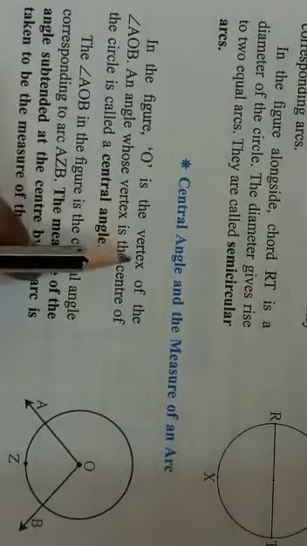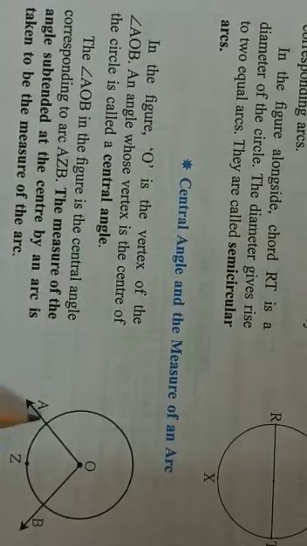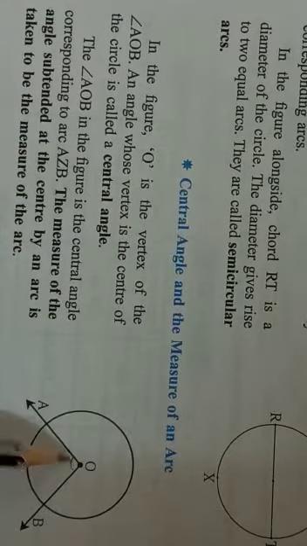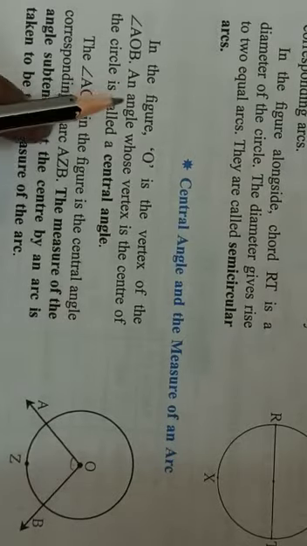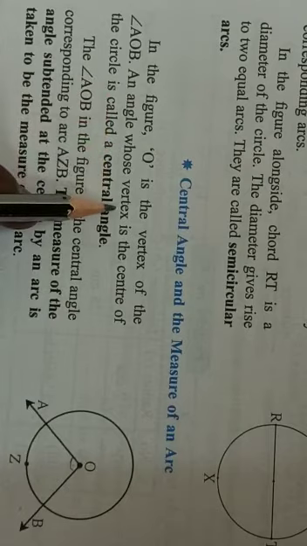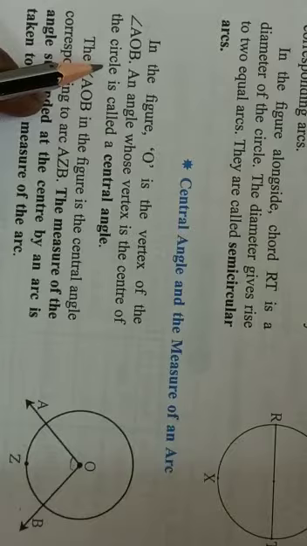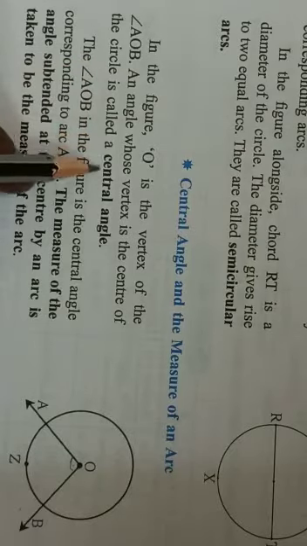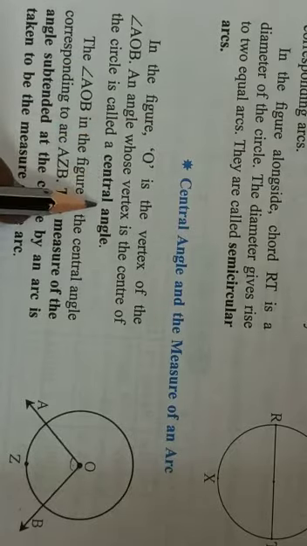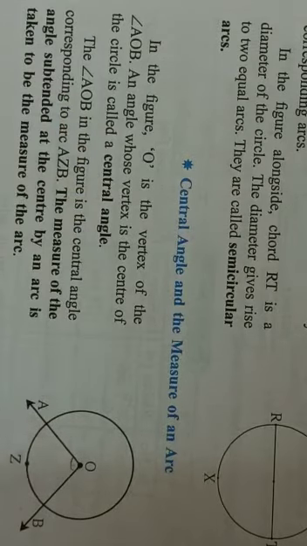See the figure here, O is the vertex of angle AOB, and this vertex O is also the center of the circle. So, an angle whose vertex is the center of the circle is called a central angle. So here angle AOB is the central angle.